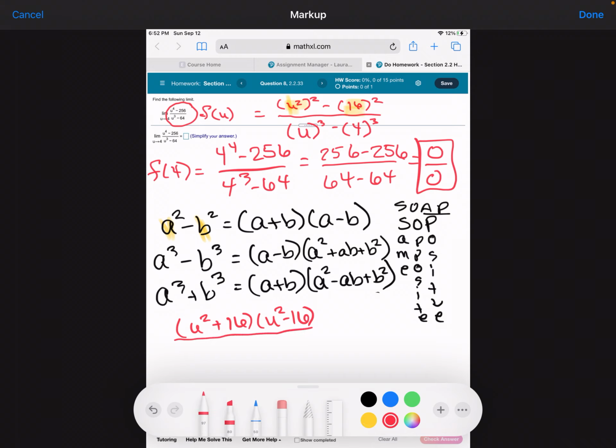Then divided by, on the bottom, we're going to have u minus 4 times u squared plus 4u, and then, is that supposed to be a 2? Let me check this real quick: a cubed plus a squared b plus ab squared minus a squared b minus ab squared minus b cubed. No, that was right. Okay.